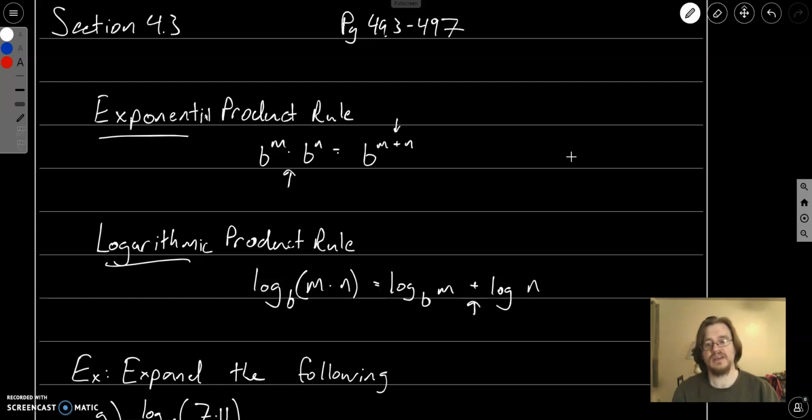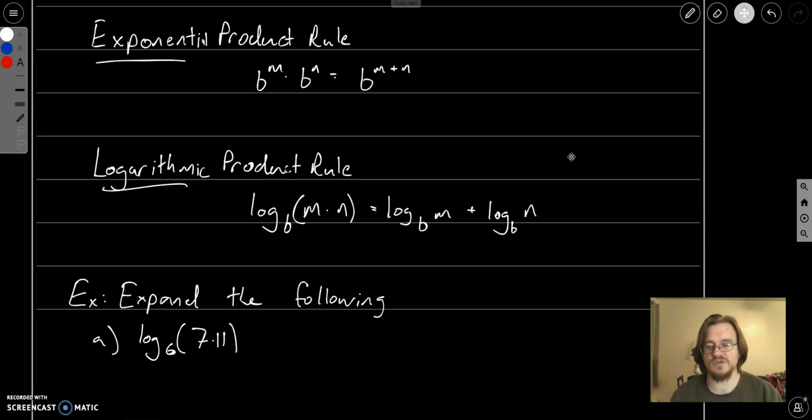So the pattern stays roughly the same. We can turn multiplication into addition using logarithms. So the log base b of m times n is log base b of m plus log base b of n. I forgot the b there.